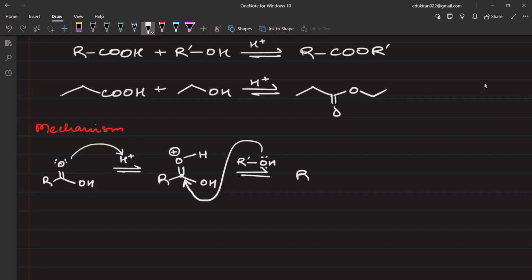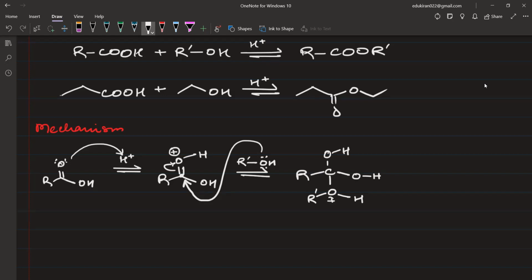Now you will get R. As soon as this will attack, this pi bond will break and neutralize the oxygen atom. That carbon atom, which is having now OH, which has one more OH here, and it is bonded with oxygen, which has R dash, and it also has hydrogen here.